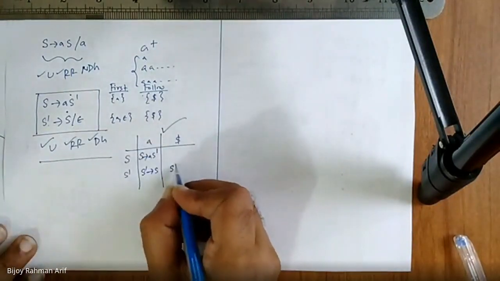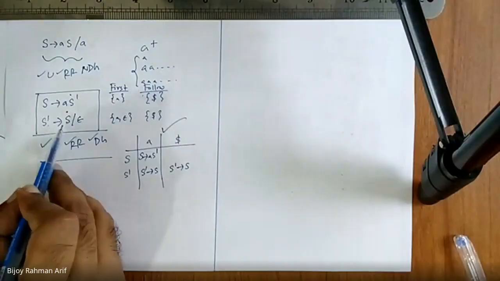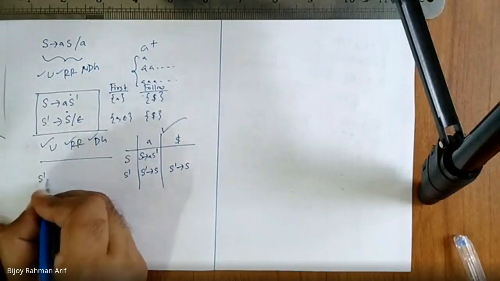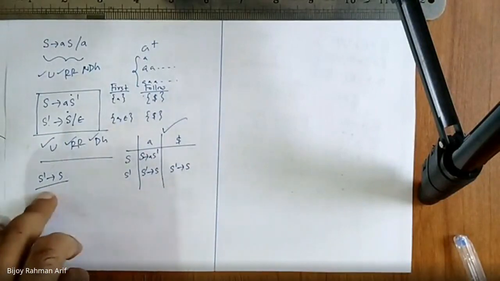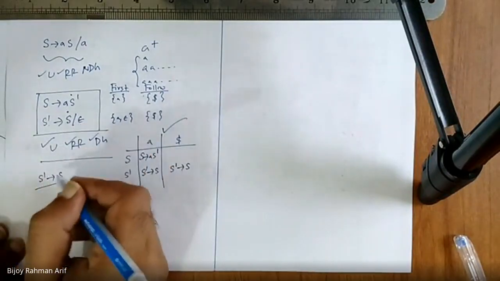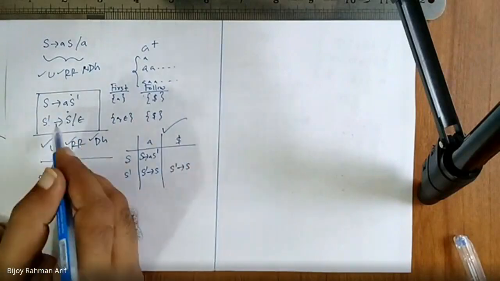So S dash derives S, and also epsilon should be put on dollar. S can derive epsilon. The production is S derives S. S can be epsilon. So if you put epsilon here, then what happens? The whole thing needs to be put on the follow of S dash.